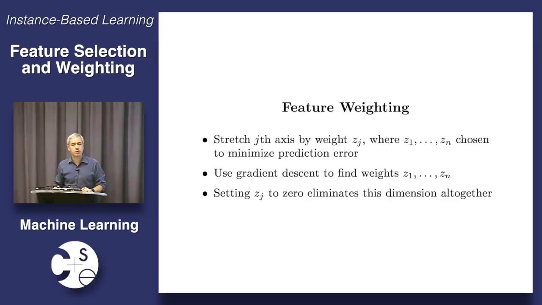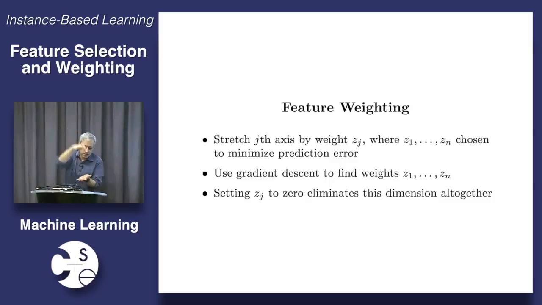Okay? Another way to think about this is that when I'm doing feature weighting, I'm flattening the less important features. Let's say my instance space was this room, and the coordinates on the floor are very important, but the height is not very important, right? Maybe I don't want to throw the height away completely, but I want it to count for less.